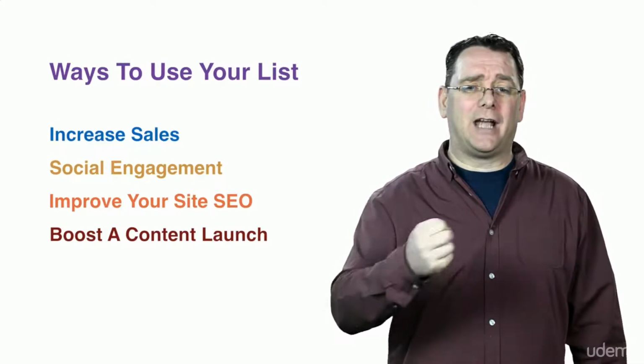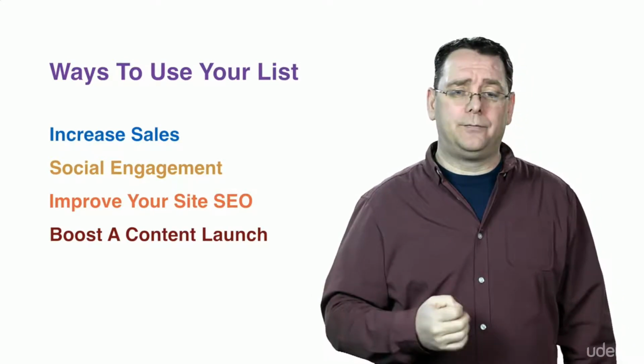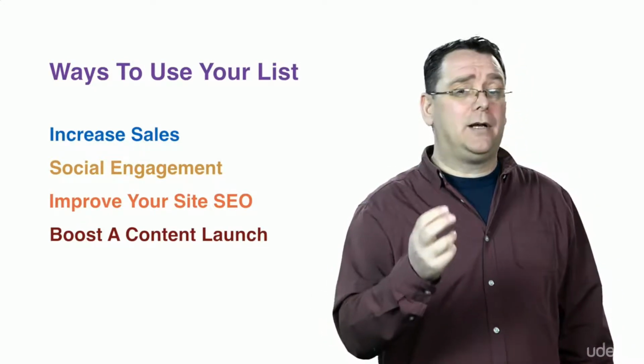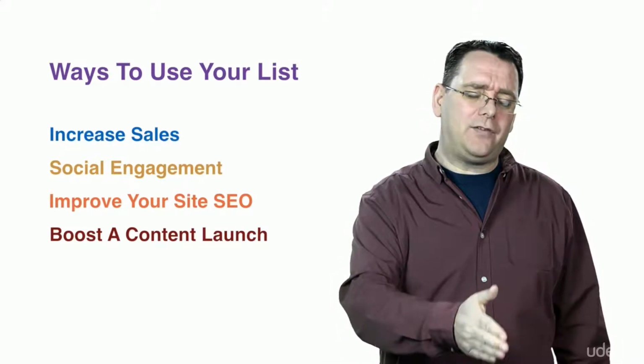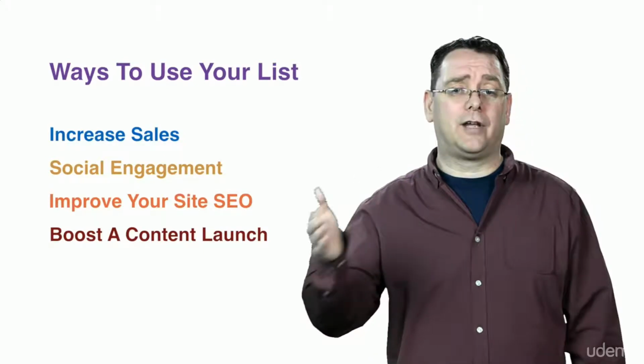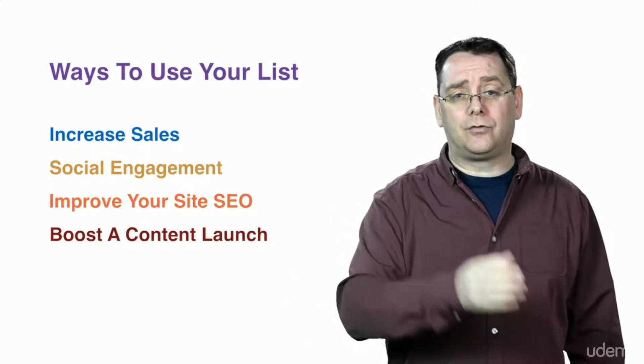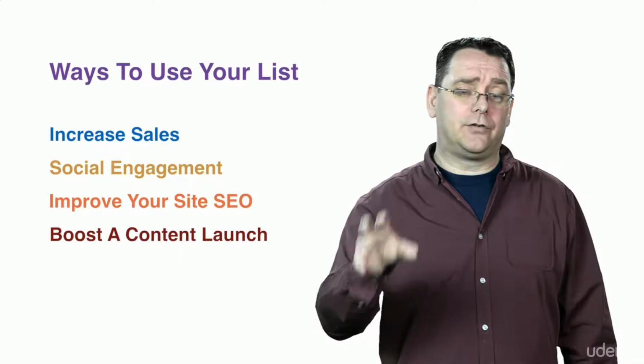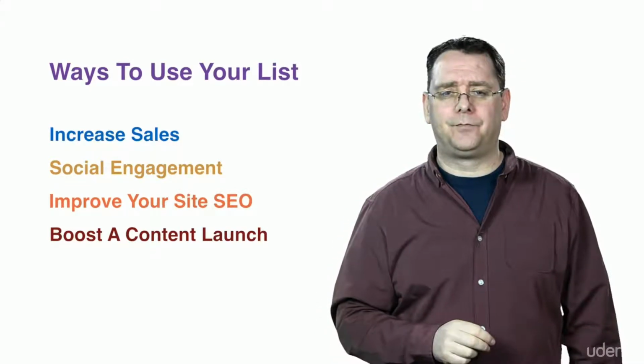If you can get them engaging with you and talking to you, then your email list is helping you develop a long-term relationship that can lead to long-term sales, long-term value for yourself and your list.